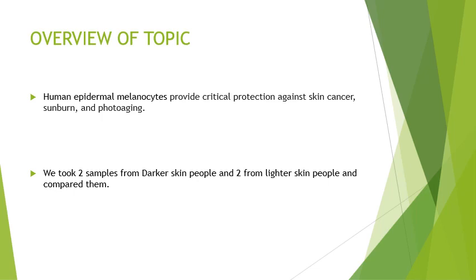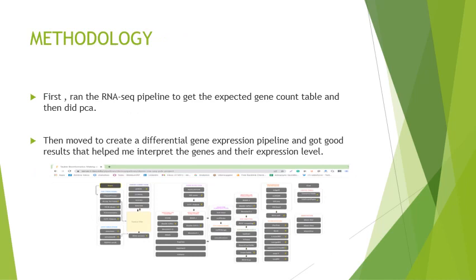As I discussed earlier, darker skin people have more melanin production, thus their chance of developing skin cancer is lesser, and lighter skin has very little melanin production, thus their chance of developing skin cancer or melanoma would be higher. This was the basis on which I started my research project.